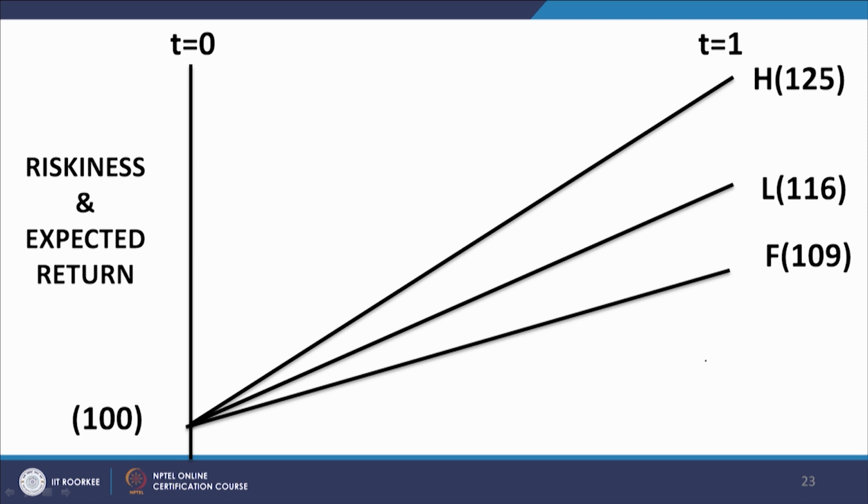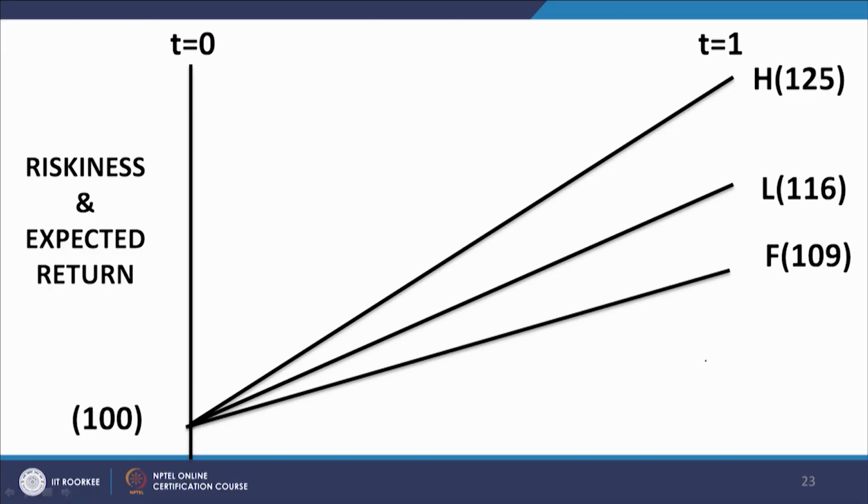Because H is the highest risky asset, the investor who invests in H at t equal to 0 would demand a higher rate of return, and in order that he gets a higher rate of return, the expected price or the expected value of the asset at t equal to 1 for asset H must be the highest.